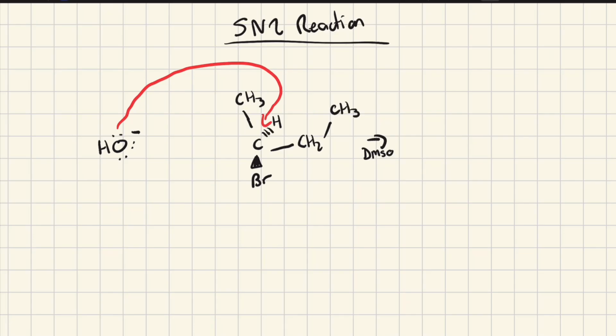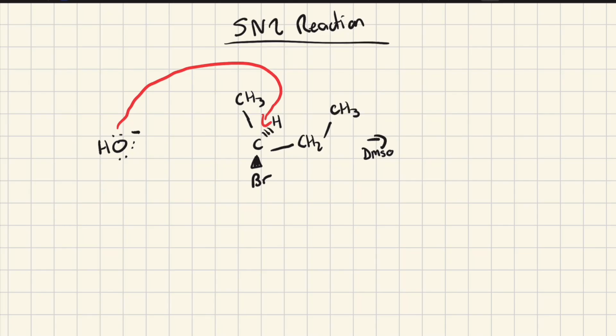What this is going to do is it's going to invert all of our groups. If you think of this in 3 dimensions, if we have our bromine pointing out towards the screen, that means that our hydroxide is going to be back against the screen. I'm going to skip the transition state here because it was the same for all of them.